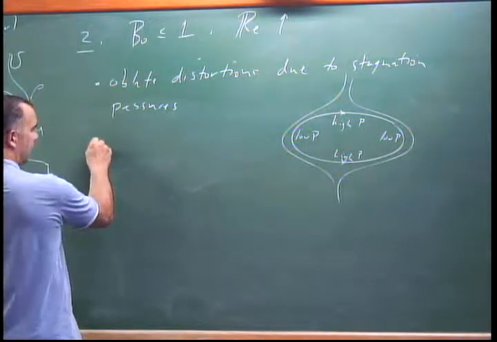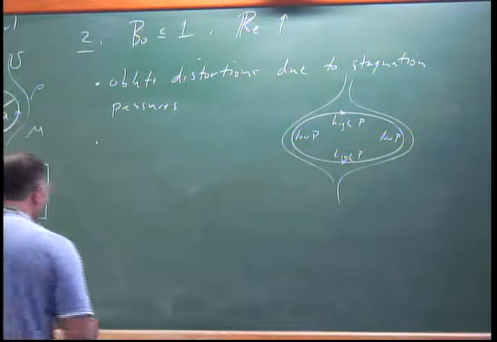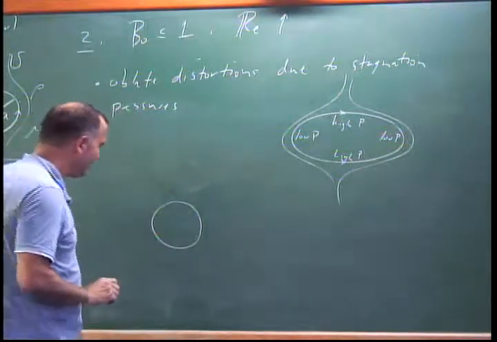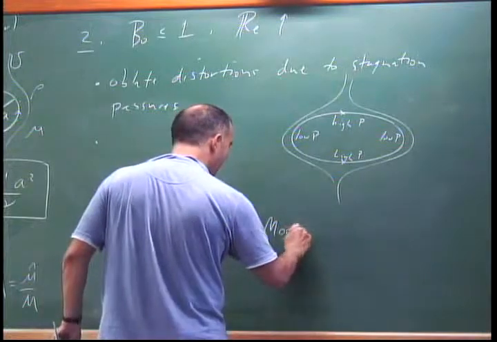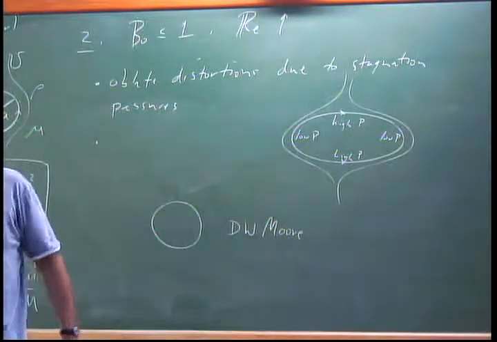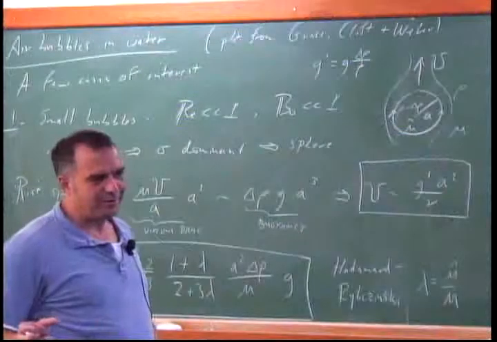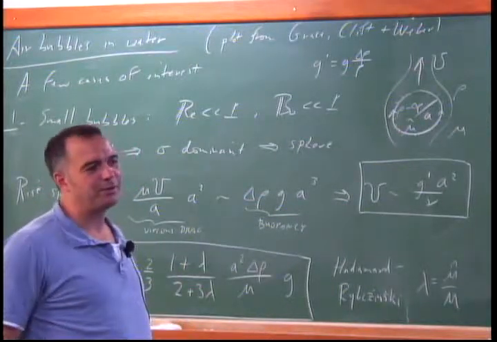Okay, and now another interesting thing about bubbles. D.W. Moore solved this problem. That's a very nice problem. If you have high Reynolds number motion and you want to solve for the flow around it, you say, well, at high Reynolds number viscosity is not that important, so let's use potential flow.